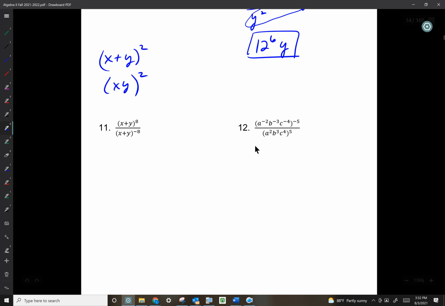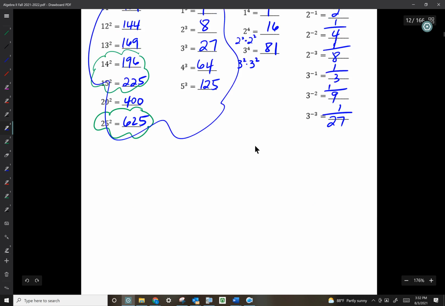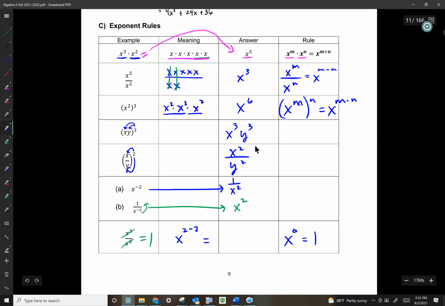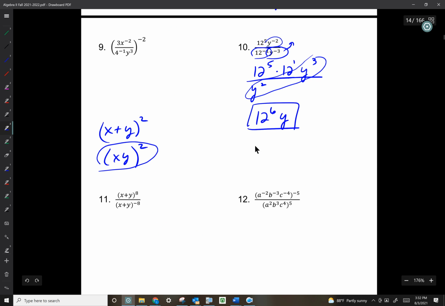You may remember up in our exponent rules, we did this type, right? If you go back up to the exponent rules, where'd you go? Right here, right? We did the type where they were being multiplied. We never had anything where the inside was being added, okay? Because yes, on this one, the 2 applies to both, right?